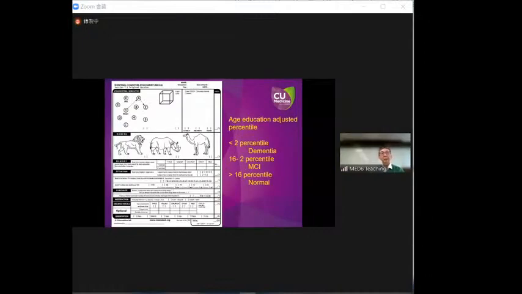Okay, and for the MOCA test, we have some local reference in terms of percentile, in comparison with the normal population of the same sex, age and education level. So if it is less than the 2nd percentile, that means you are worse than 98% of the general population, then you definitely have dementia.